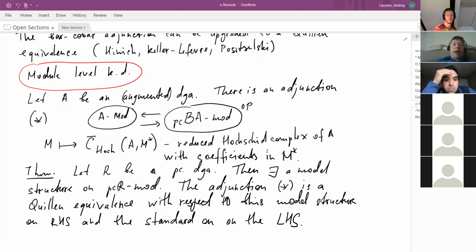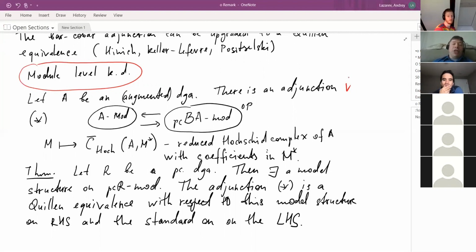Right, so I'd like to talk about the module level Koszul duality, as it's more relevant to what I'm going to say. Right, so again, let A be an augmented DGA. Then there is a certain adjunction between the category of A modules, or differential graded modules, and pseudo-compact modules over BA. When I say pseudo-compact modules over BA, those are the only modules that we have over BA, because BA is a pseudo-compact algebra.